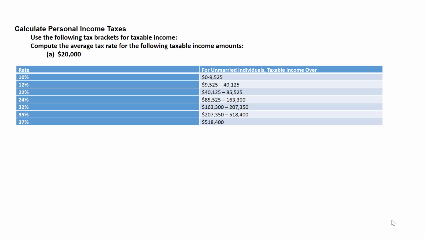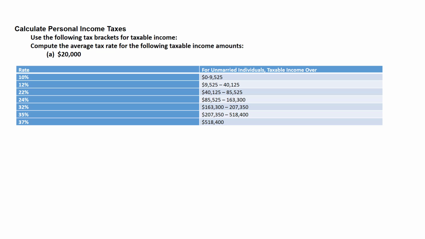So we're going to use this tax bracket for unmarried individuals, and we're going to calculate first the tax liability for $20,000, what someone who made $20,000 would have to pay, and then we're going to calculate the average tax rate. Now this does not take into consideration any types of exemptions or anything like that that would lower your tax liability, but we're just doing a straight tax liability here.